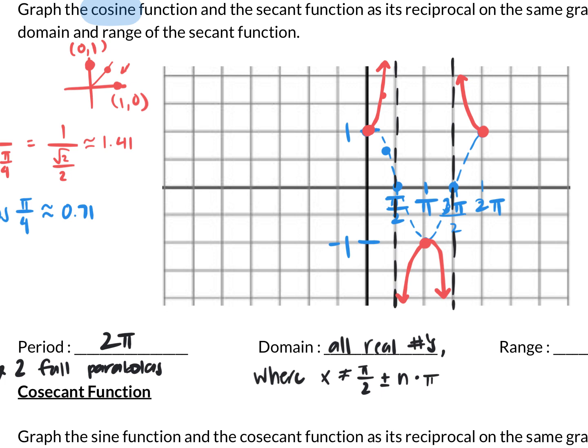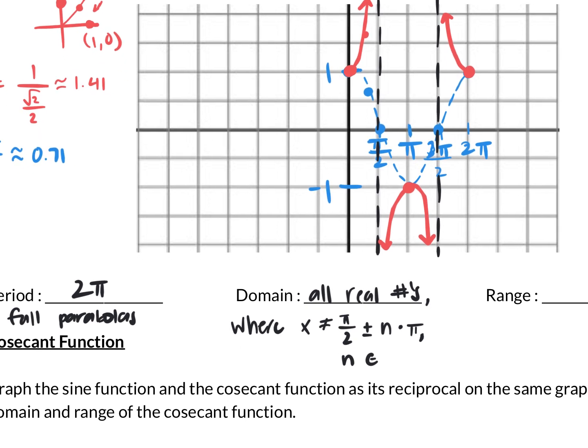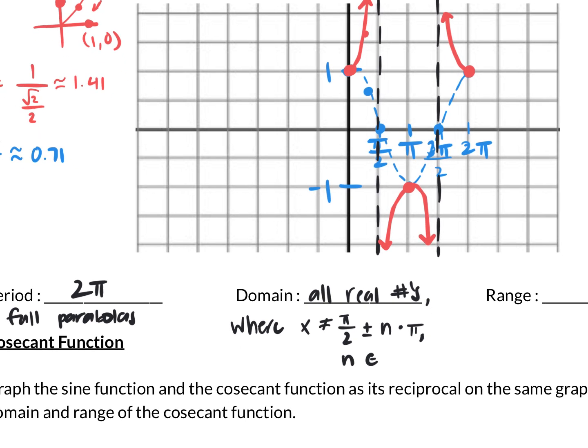I need to specify what n is equal to, because n can't be like 0.5 or 0.2, right? n has to be what kind of numbers? It has to be whole numbers, or if you remember all those different groups of numbers, it's going to be an integer, okay? So n has to be an integer. So we can say n, this is real mathy, this means right here belongs in the set.